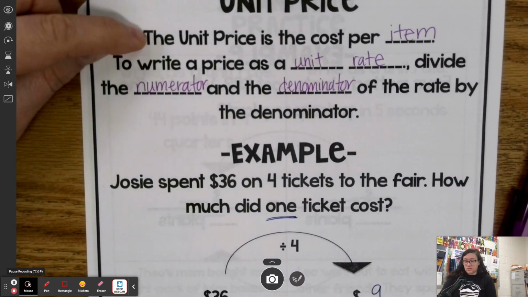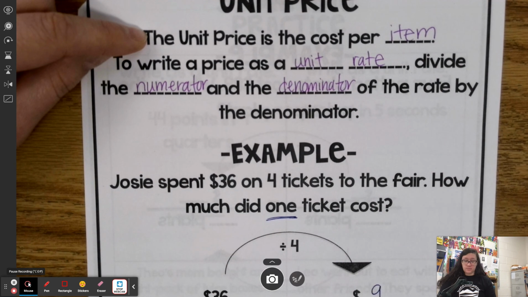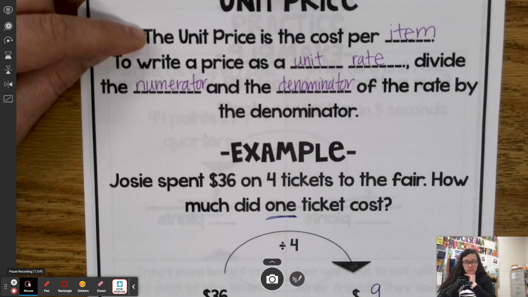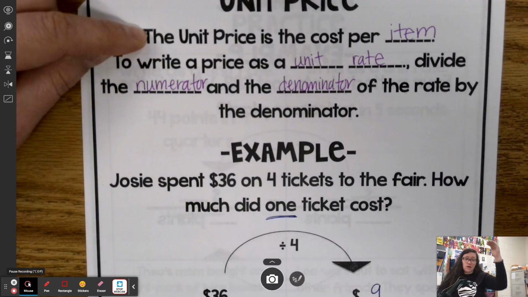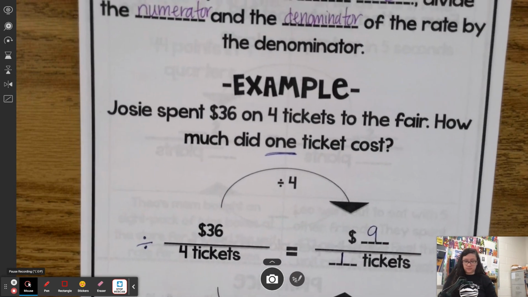The biggest part here is just knowing that a unit price is the cost per item, per one thing. Denominator is always 1. Always, always, always 1 for our denominator. And again, it doesn't matter if you do the divide going horizontally or the divide going vertically, you will get the same answer.